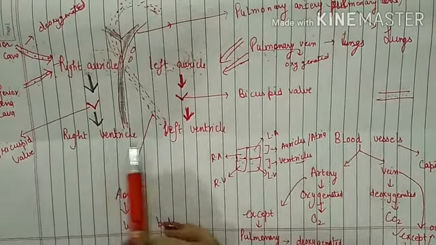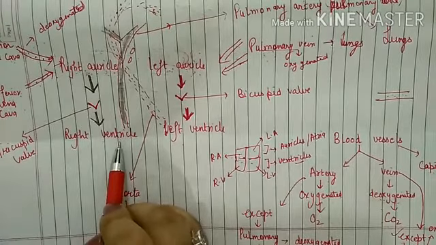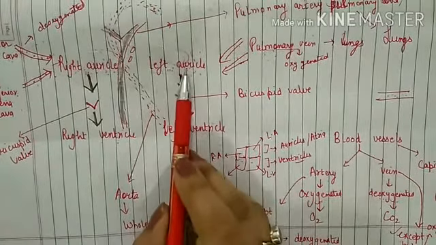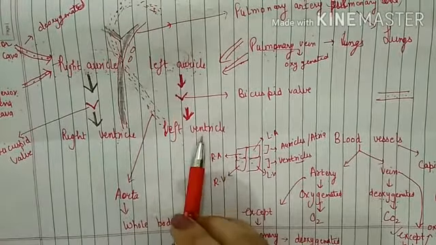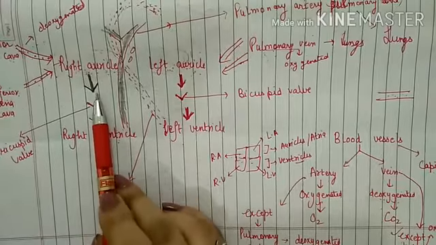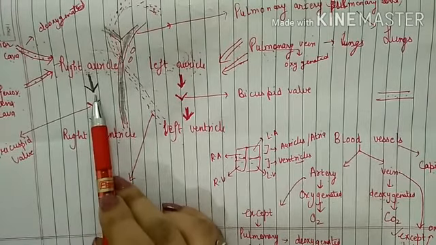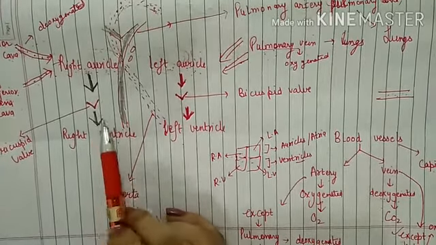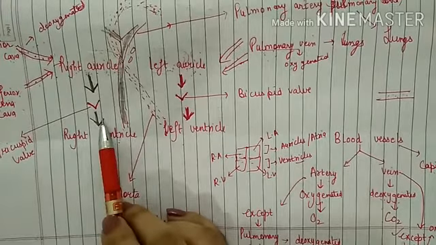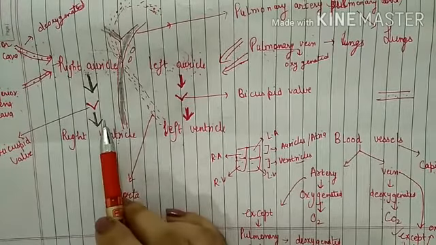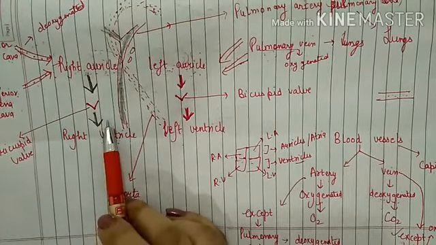So the blood from the right auricle will enter into the right ventricle and the blood from the left auricle will enter into the left ventricle. Here, these highlighted arrows with a pencil show that the blood is impure. Impure means deoxygenated blood. Deoxygenated blood means blood in which oxygen is absent.